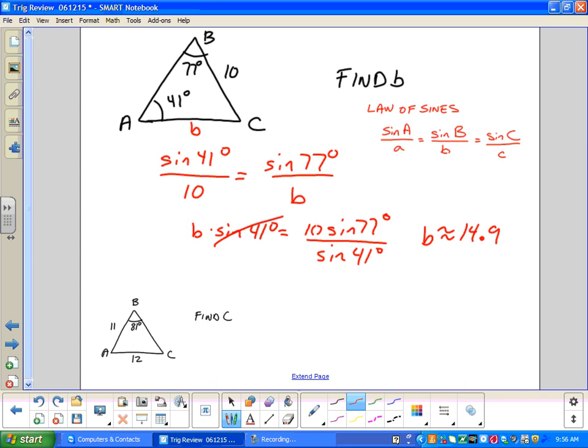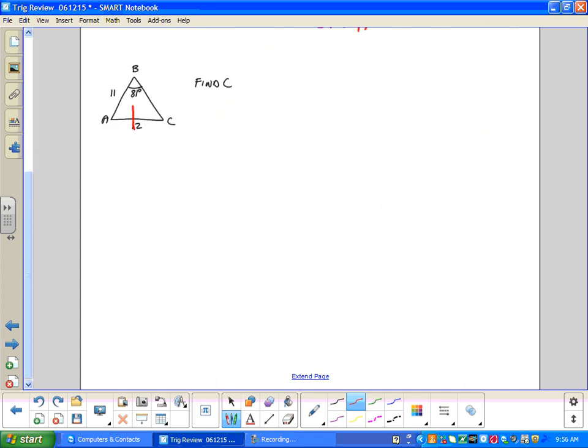And again, find the length here. Now the other one here, again, it's a law of sines problem if I move down the page, because we see the 81 and the 12. And often we can see that C. So sine of C over 11, because those are across, equals sine 81 over 12.